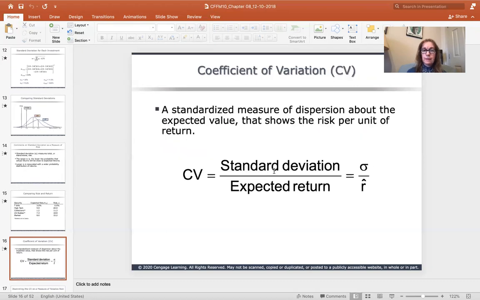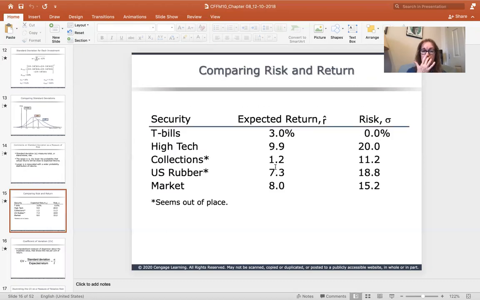Now, there's a way to standardize the risk, and that's called the coefficient of variation. Let me back up a second. Let's say you had two investments and they both had the same expected return, but one had a higher risk.